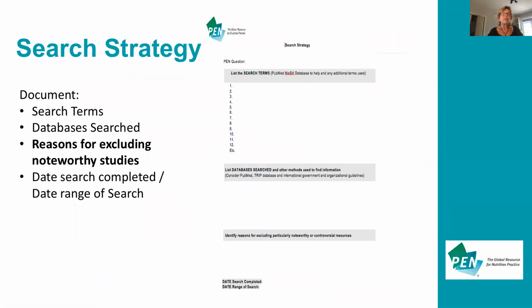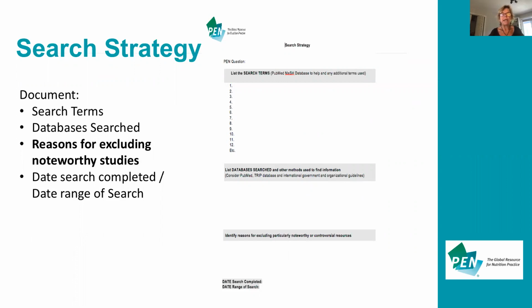A reminder that now that we've been looking at putting together the search strategy, we looked at that in the first webinar. There will be reasons that some noteworthy studies could be excluded. In this case, as I said, where you have multiple systematic reviews that are of a similar date range and maybe similarly addressing the PICO, what were the reasons for excluding some of them, not reporting them in PEN?